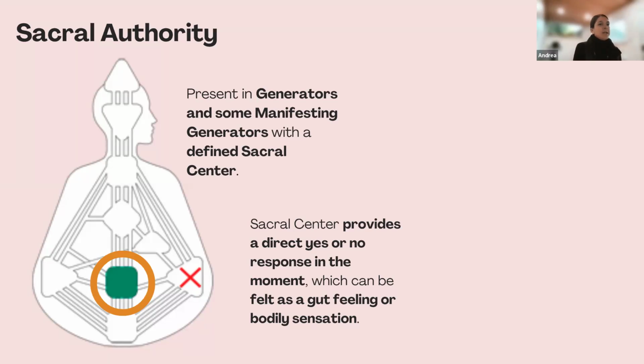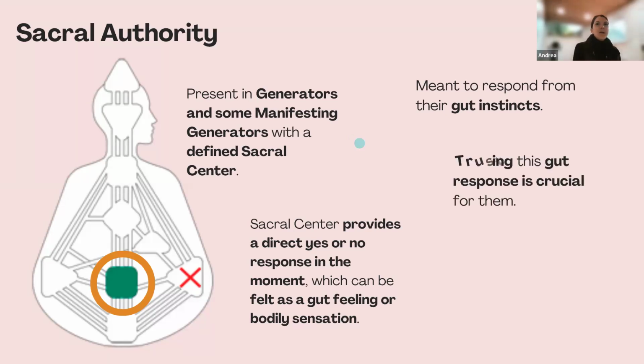Trusting their gut response is crucial for them. As I was saying, that gut feeling. Oh, this is what I was going to say: the sacral authority can usually make decisions in the moment.